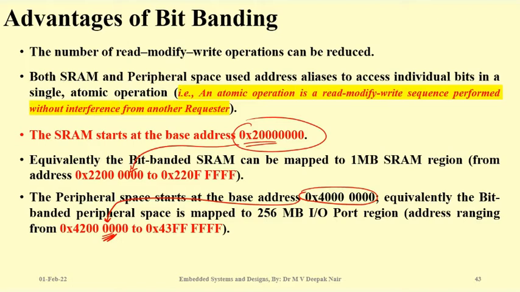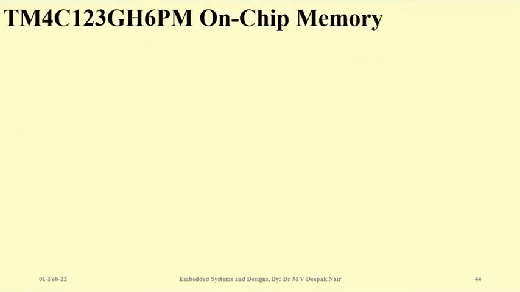So both the 1 MB region of SRAM and the 256 MB here are mapped to this particular memory. So this is all about bit banding. That means one bit is mapped to a 32-bit register or an address.